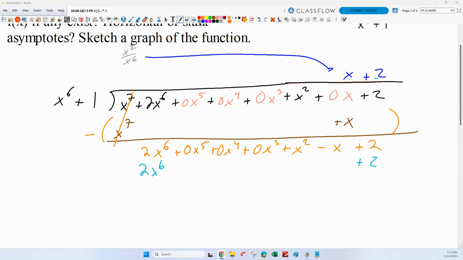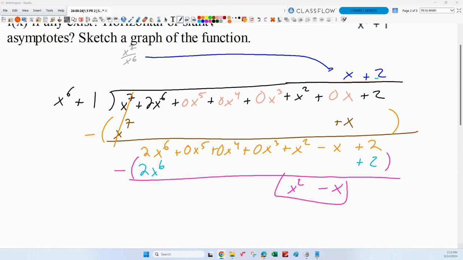And I'm going to subtract the whole thing. And that's going to be my remainder, isn't it? Anything I'm left with. Okay? So that gives me x squared minus x, and those guys cancel. So that's my remainder.